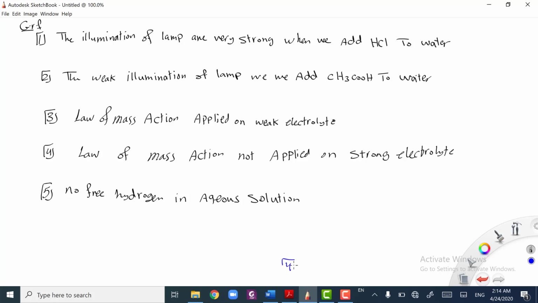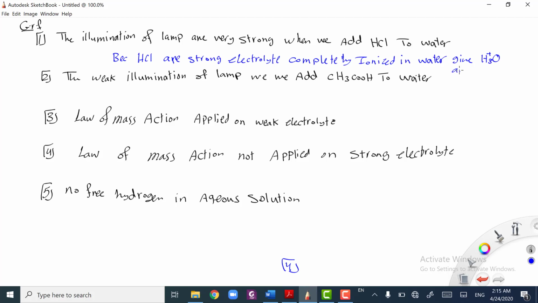This is slide number 4. Number 1, the illumination of the lamp is very strong when we add hydrochloric acid to the water, because hydrochloric acid, or HCl, is a strong electrolyte, completely ionized in water, giving positive hydronium and negative chlorine.